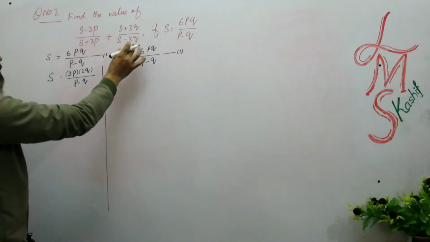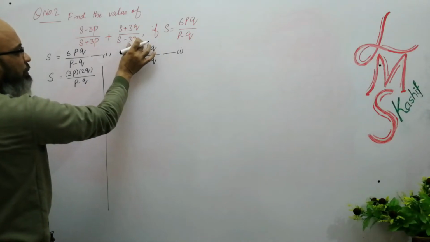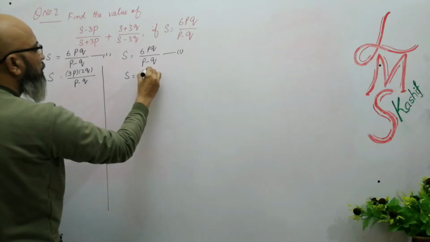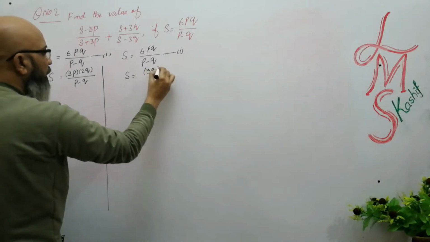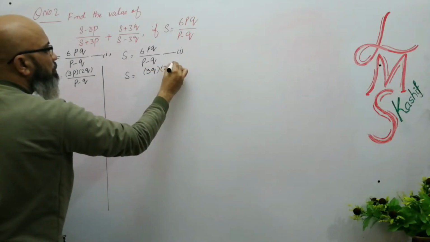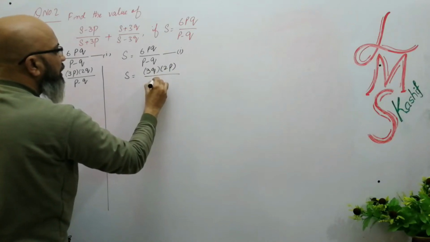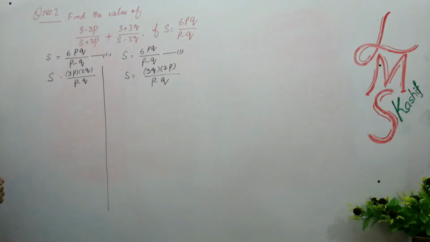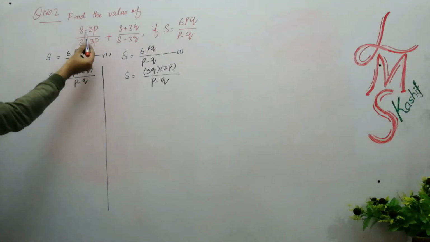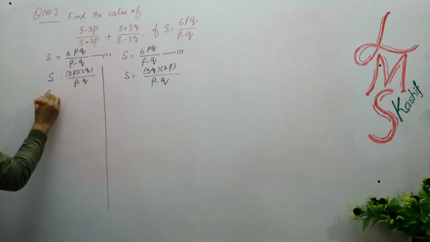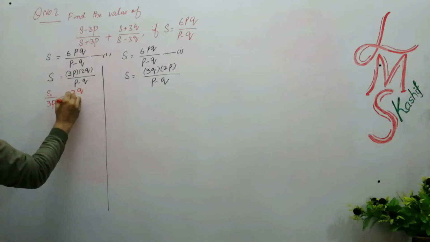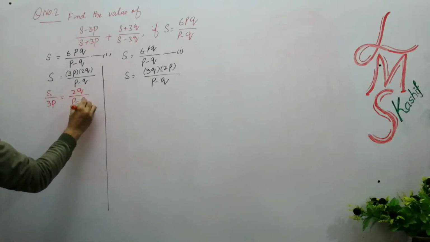Similarly, here we will move 3q. S is equal to 3q into 2p. So what we get here? p - q. Now move 3p to the other side, S over 3p. We are left with 2q over p - q.